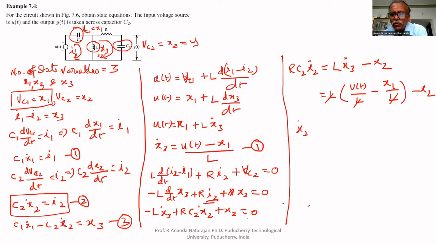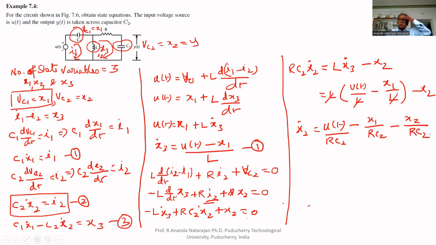Therefore, x2 dot equal to u(t) divided by RC2 minus x1 divided by RC2 minus x2 divided by RC2. This is the equation for x2 dot.